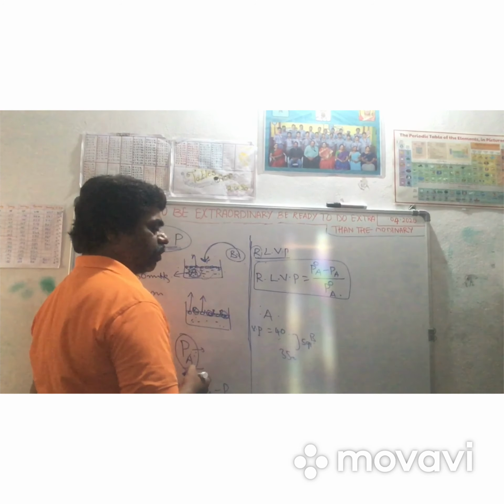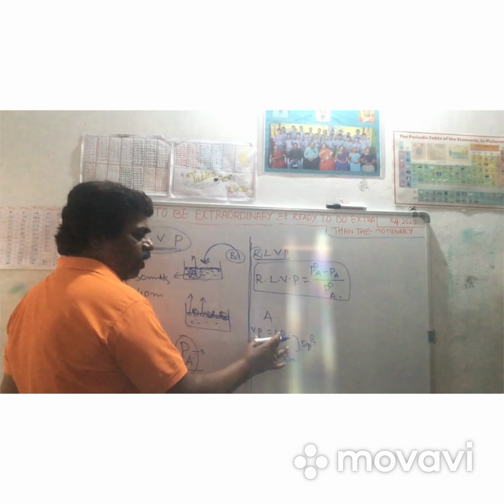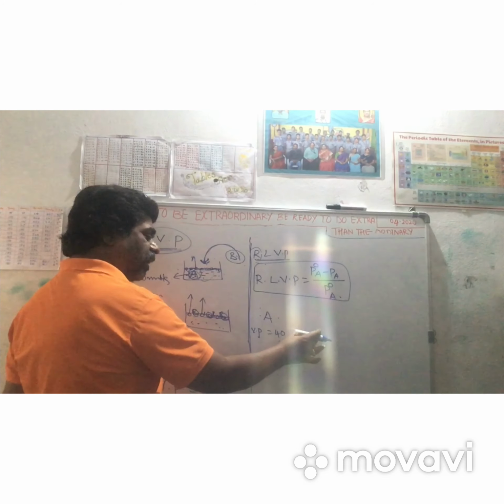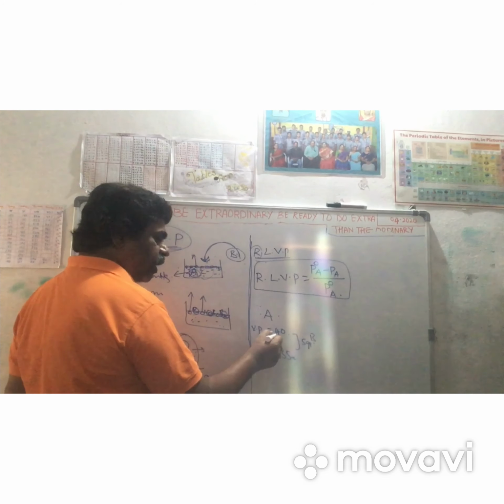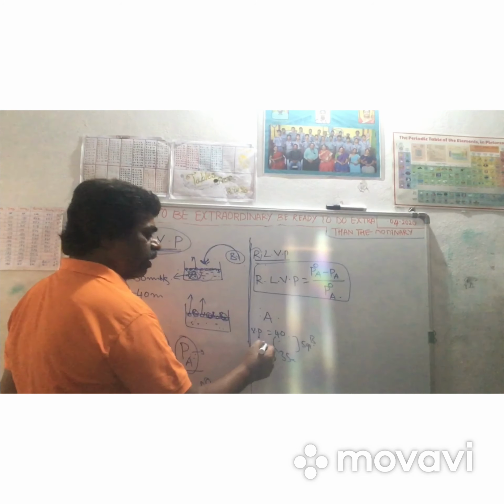Again, first only pure A is taken, vapor pressure assumed as 40. When 5 grams of B is added, vapor pressure decreases to 35. Meaning, what is the lowering of vapor pressure? 5 units.